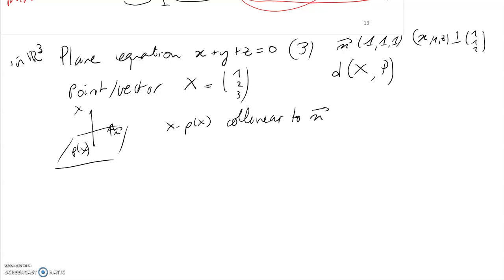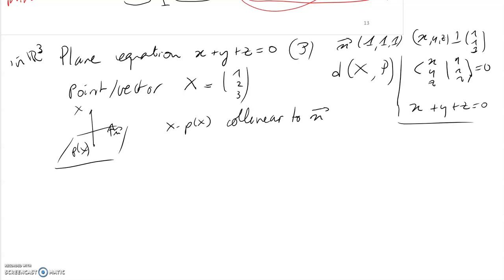If you write that, it's the points of R3 with coordinates x, y, z that are orthogonal to the vector (1, 1, 1). You're really writing that the dot product of (x, y, z) with (1, 1, 1) is equal to 0, which gives you the Cartesian equation of the plane. So x plus y plus z is equal to 0 in our case here. That was one small thing to say.